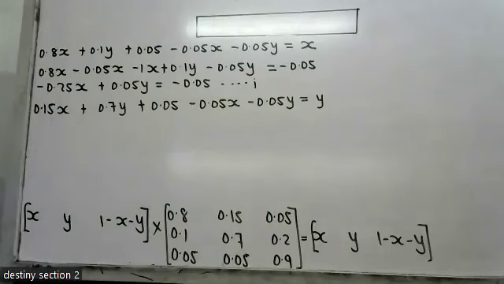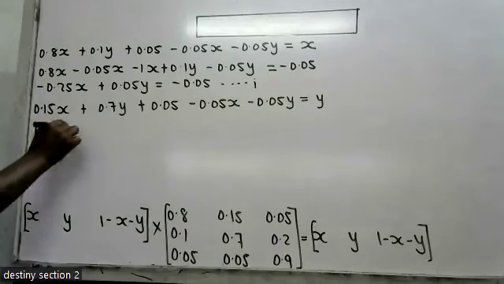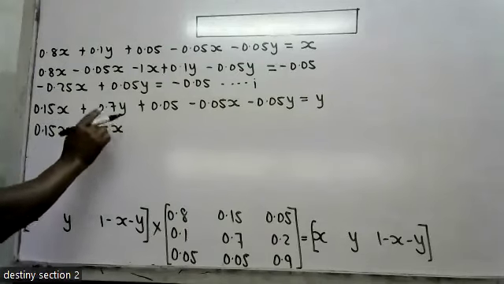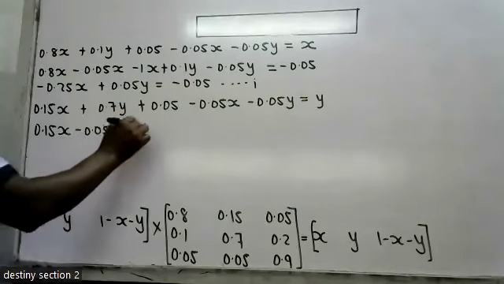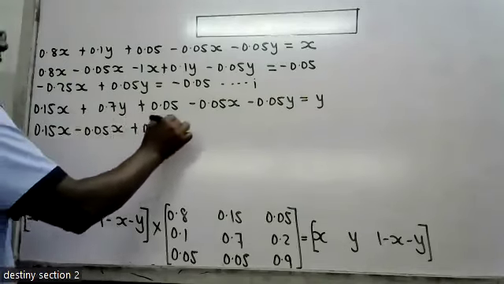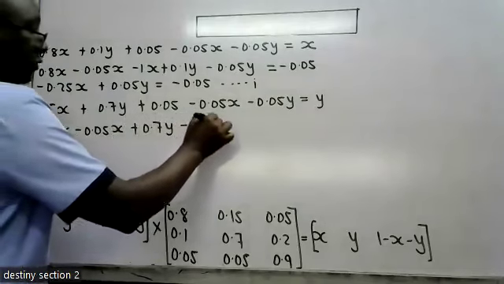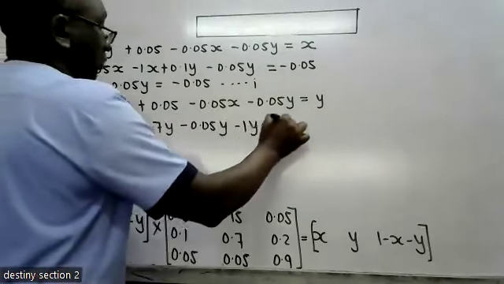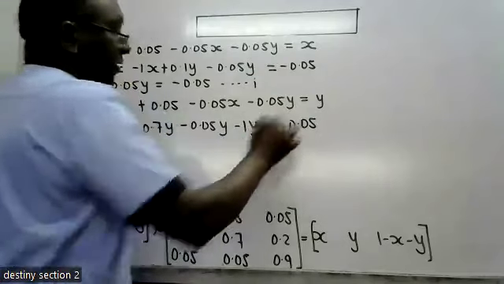Sasa, putting items together, I will have 0.15x minus 0.05x, alafu hii plus 0.7y minus 0.05y minus 1y is equal to minus 0.05.